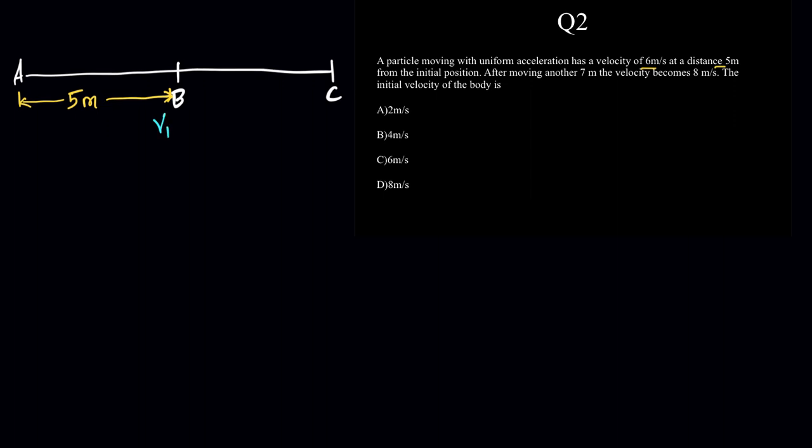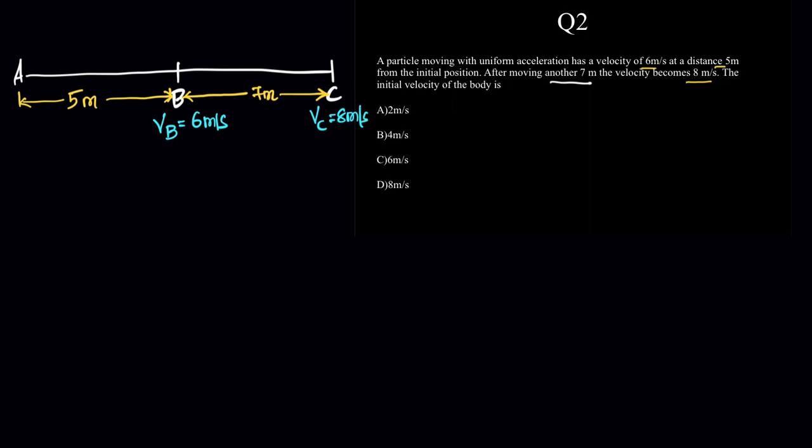So I can say that VB is 6 meter per second. Later, after moving another 7 meters, which means BC is 7 meters, the velocity becomes 8 meter per second. So VC is 8 meter per second.